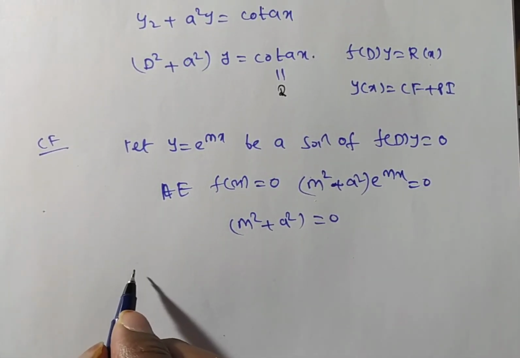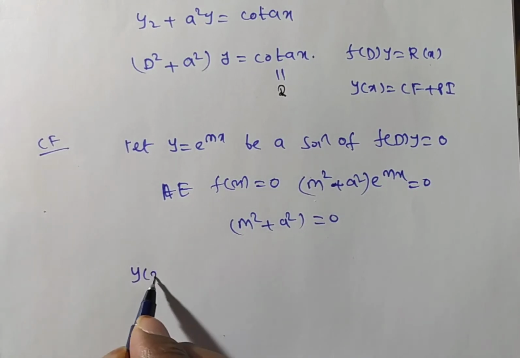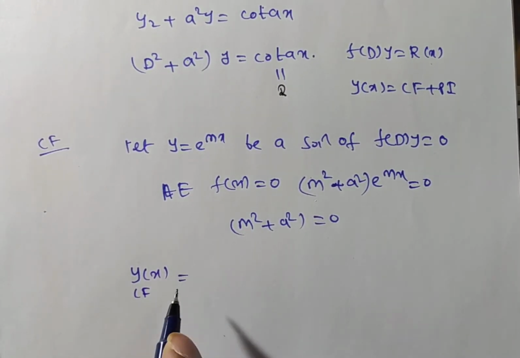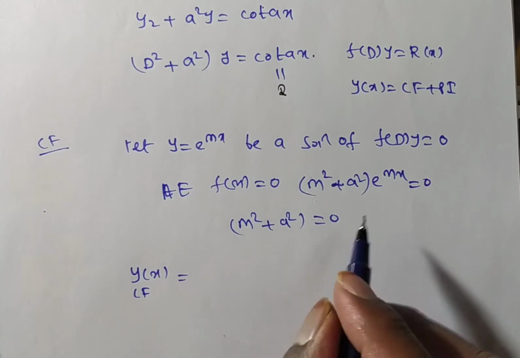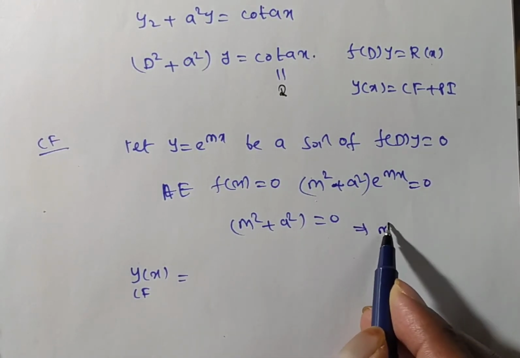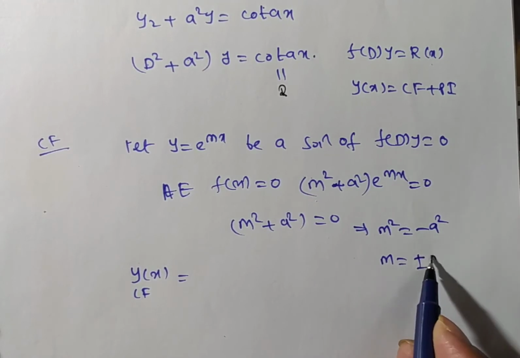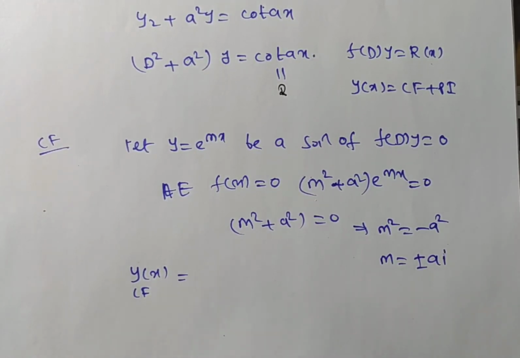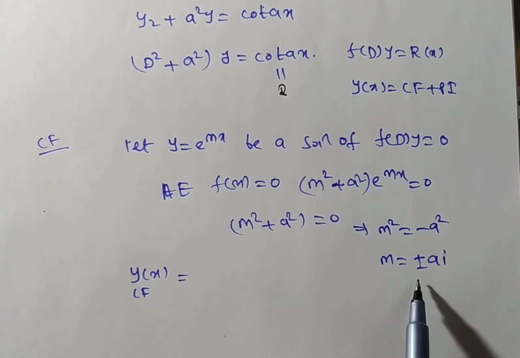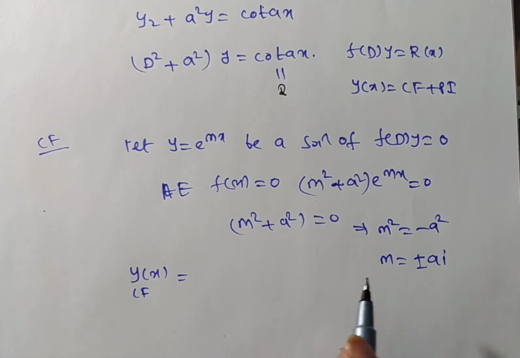Now the solution for this is only the complementary function. To get the solution we need to find the roots. So m² = -a², then m = ±ai. Here the roots of m are purely imaginary.